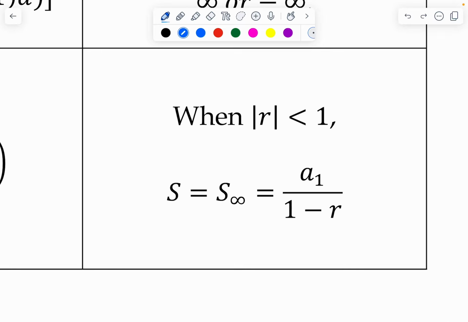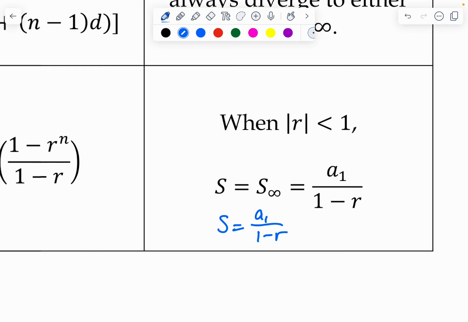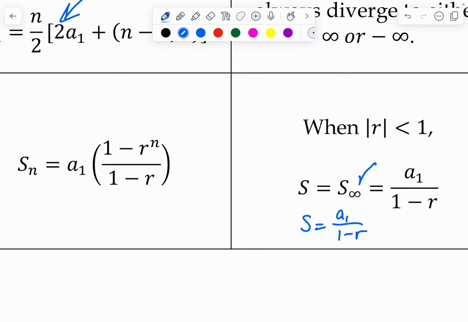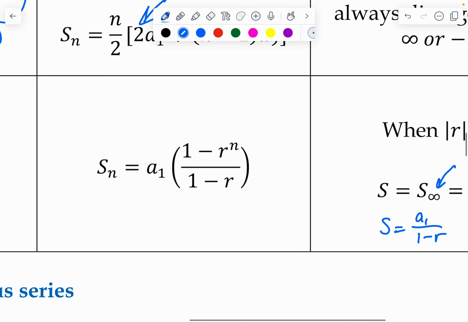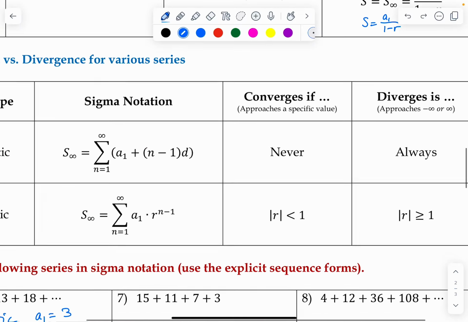Sometimes I just write the sum like this. Sometimes you see the infinity sign, and sometimes I get lazy and don't write it. Those two things mean the same thing. If you want a finite sum, it has to have S sub n. So it's a sub 1 over 1 minus r.